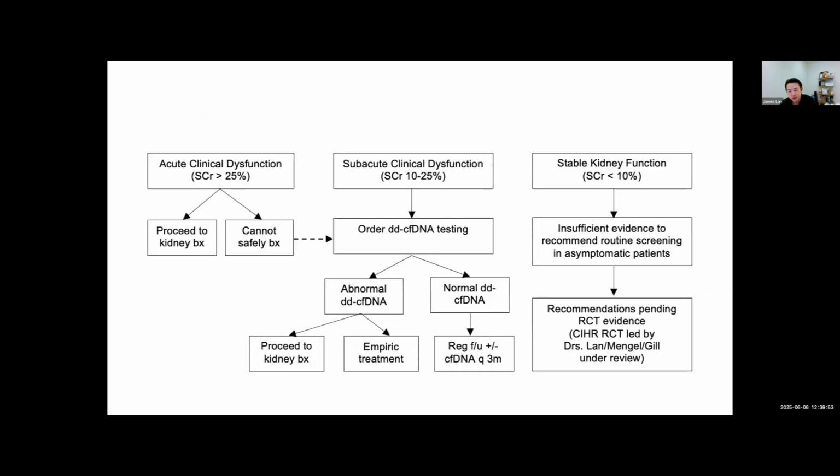We'll validate a decentralized test kit that we have in our lab through very rigorous validation. Then in the next year, we're going to open this up for clinical testing throughout all of BC and Alberta. We would propose it for patients with subacute clinical dysfunction, because if patients have evident clinical dysfunction, they should just go ahead and get a kidney biopsy.